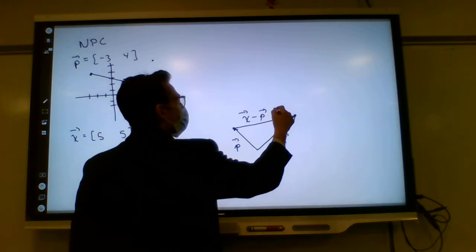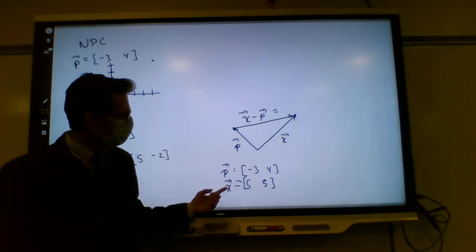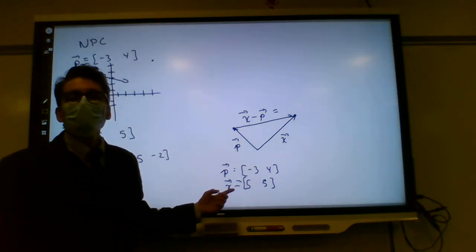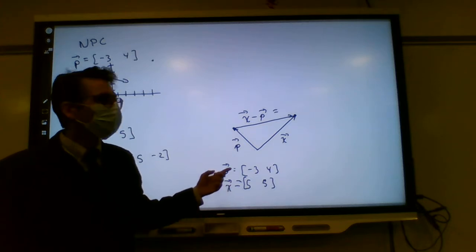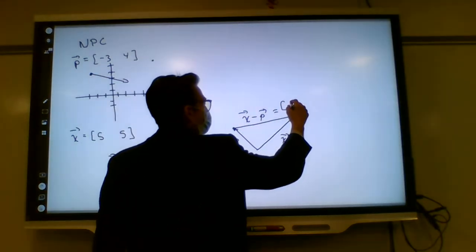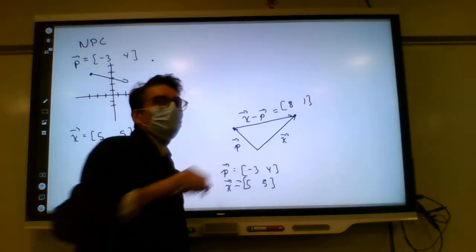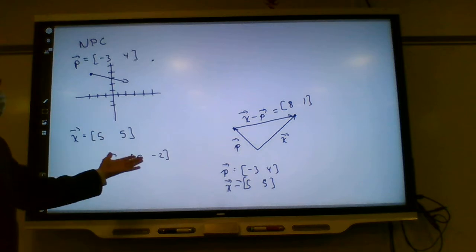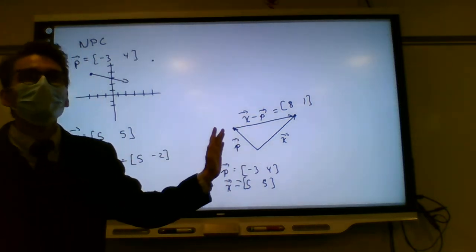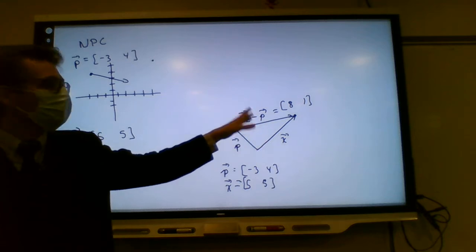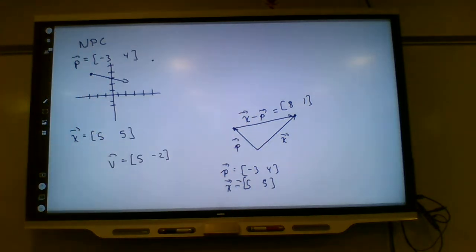So what is vector x minus p? Eight, 1. Now, I've been writing these this time as row vectors. We could have written them as column vectors, and it doesn't change anything. It's just a matter of how we've written it at this point on the board.